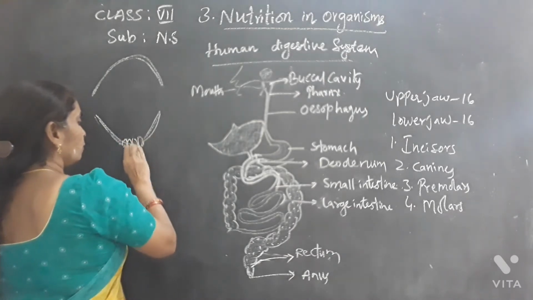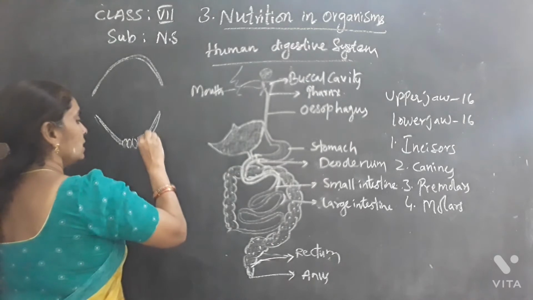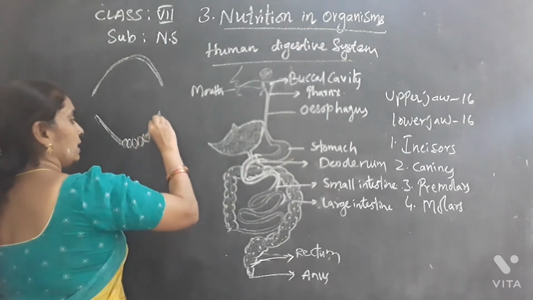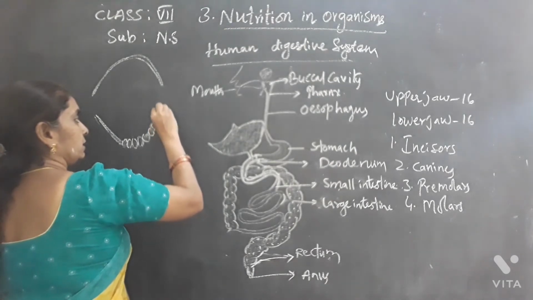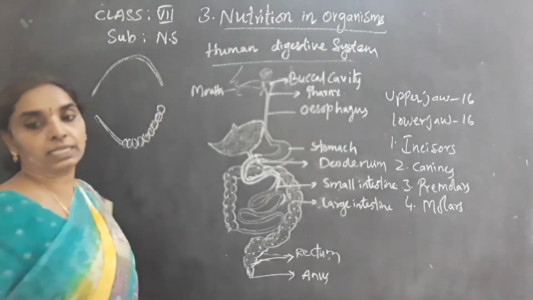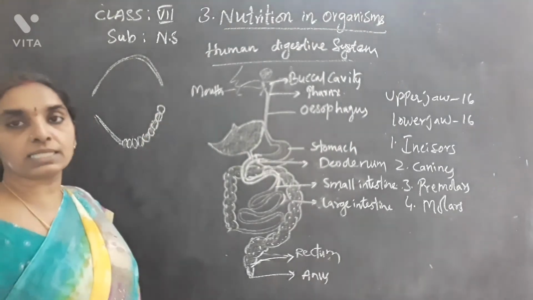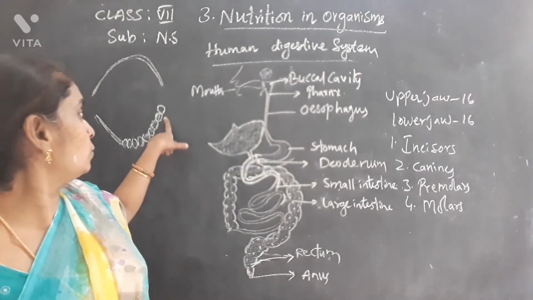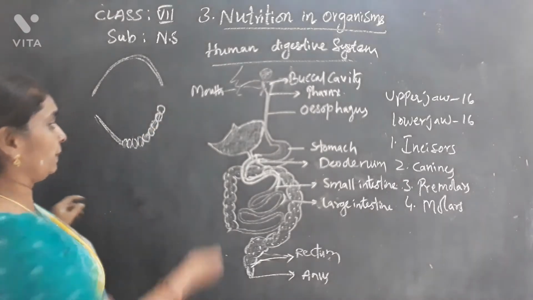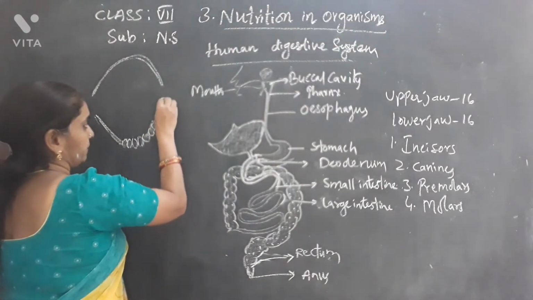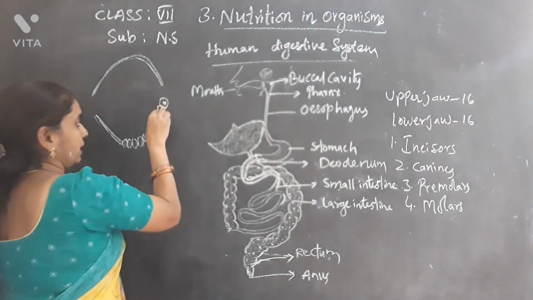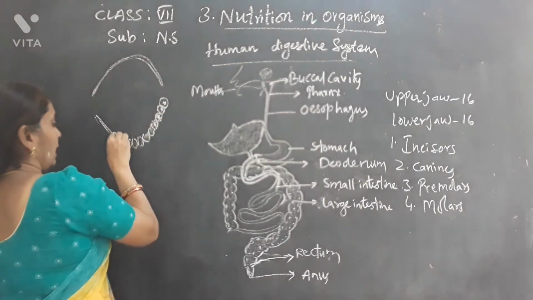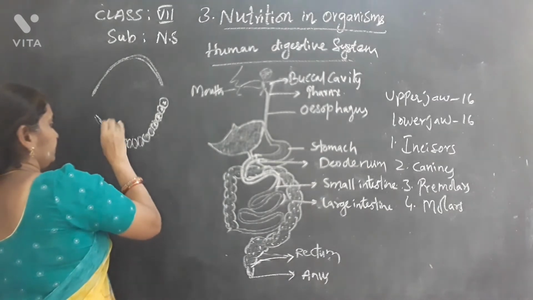Next, 2 are canines, and 2 premolars and 3 molars. Is it clear, children?